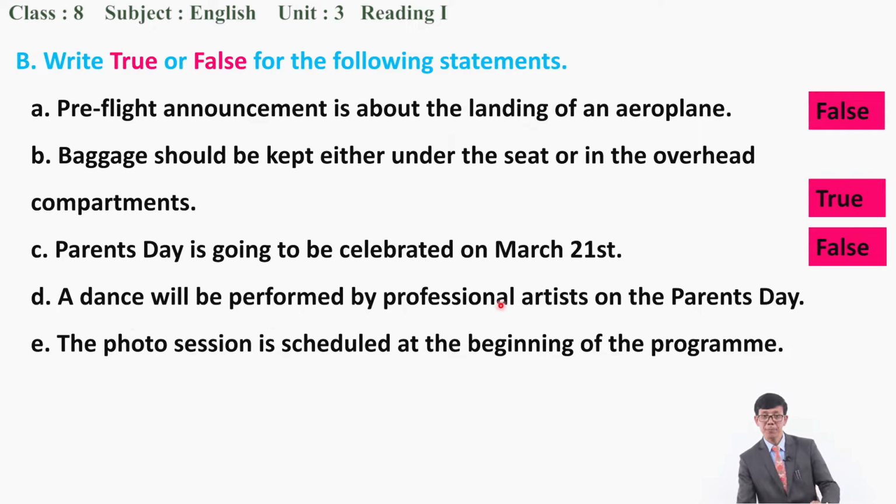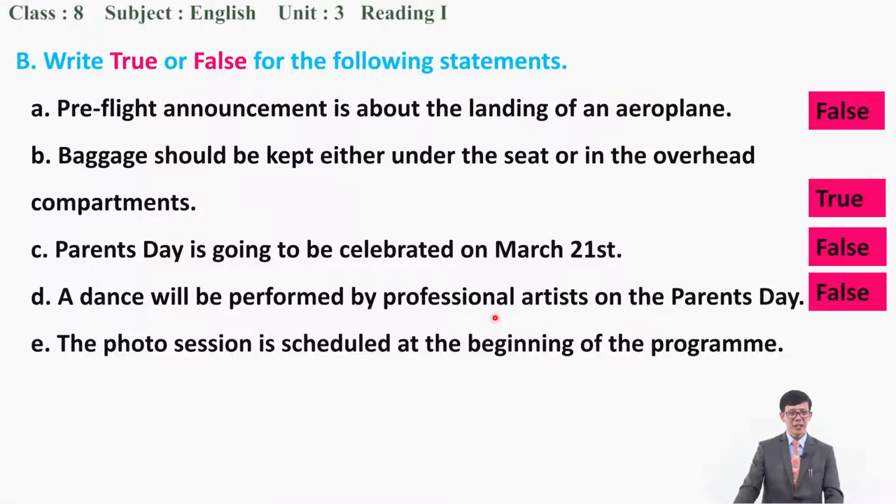Is it performed by professional artists? Not exactly. The dance will be performed by the talented students. So this is again the false one, right? And what about the next one? The photo session is scheduled at the beginning of the program.